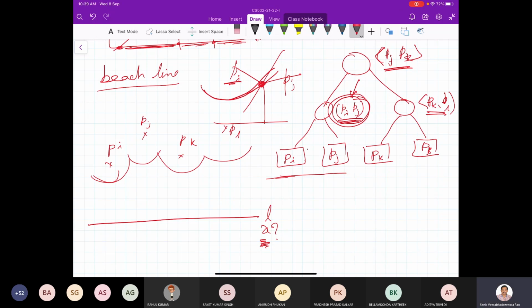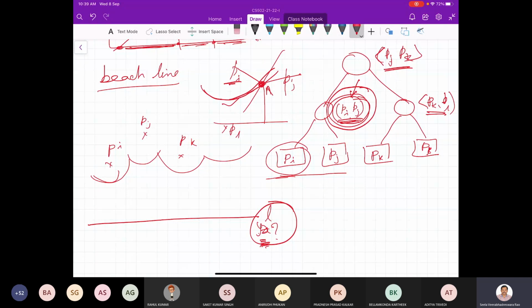So we are not storing the parabolas here, or the point on the Voronoi edge, but we keep only the sites, so that whenever you require, you can find the parabola, or this point, given the coordinate of the sweep line. Oh, sorry, not the x coordinate, the y coordinate.